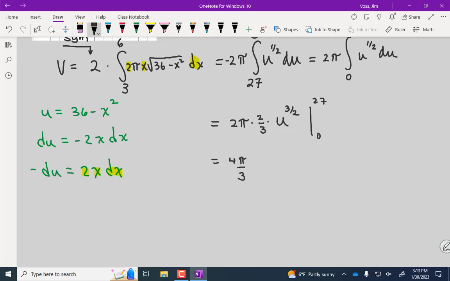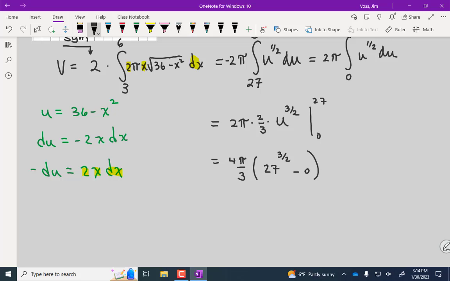Plug in the 27. And let's write it like this for a moment. We'll talk about simplifying it. So 27 to the 3/2. There's a couple ways we can simplify that.